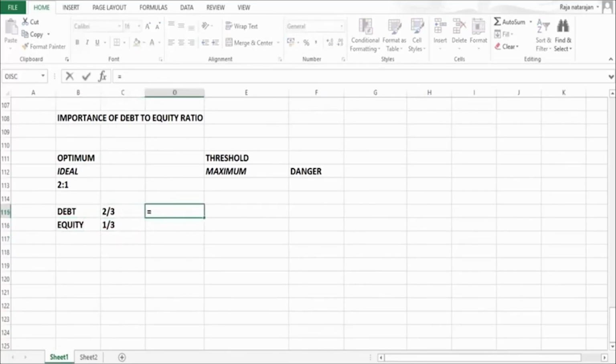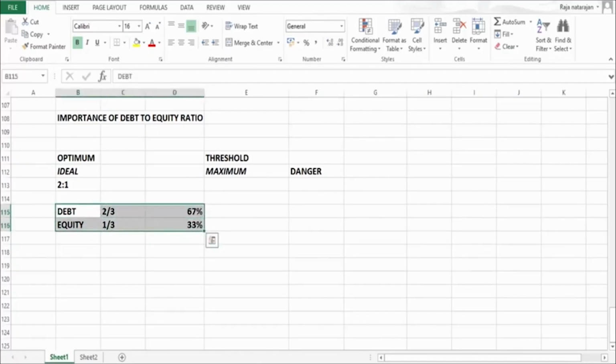So when I say 2/3 of total funds, my debt occupies 66.67, or 67% of total funds, and equity will be 1/3 of total funds, which is 33%. So this is considered as optimum or ideal scenario. But it may not be possible in all cases.